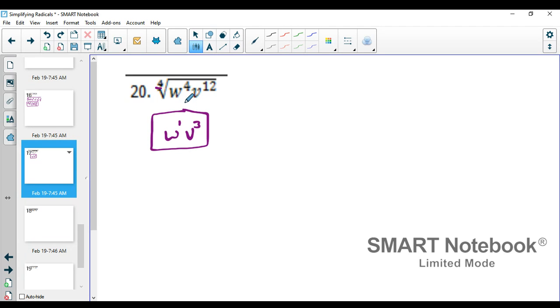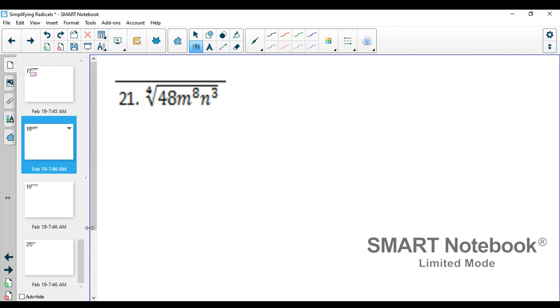All right, so for 21, we have the fourth root of 48 m to the 8th power n cubed. So once again, we need the factors of 48. At this point in the year, we should know the factors of 48 better than anything because we've used them so much.